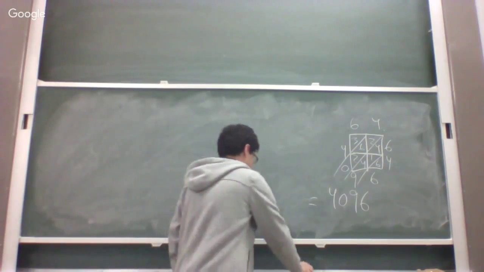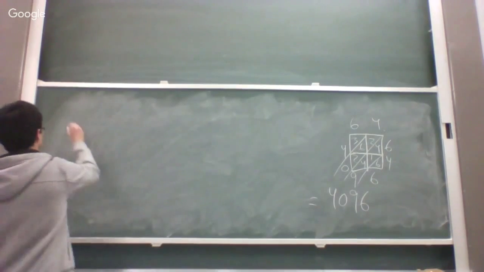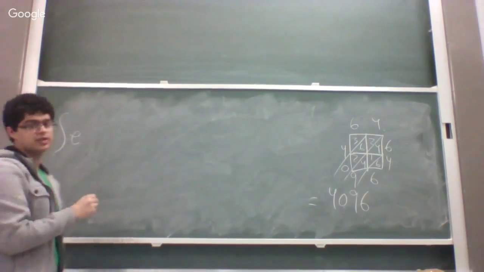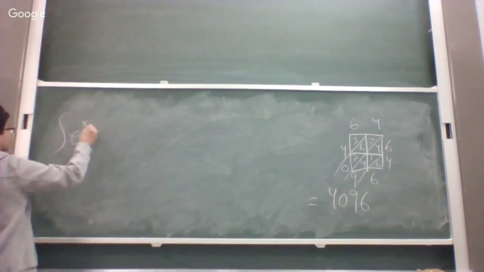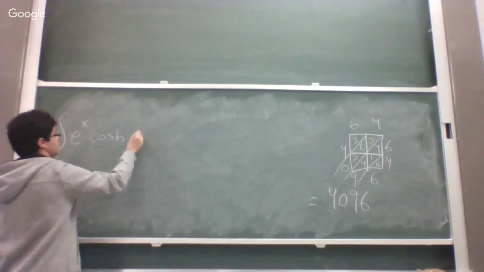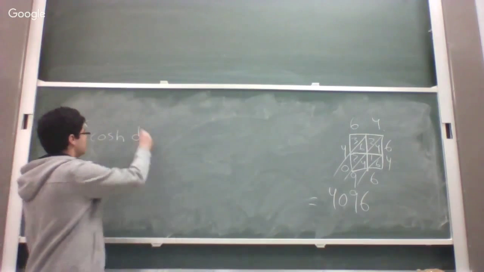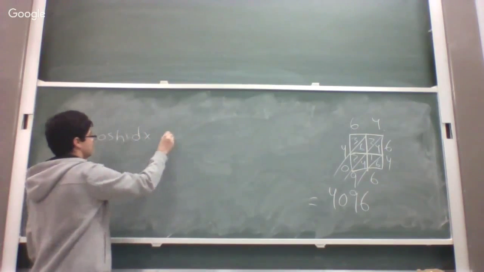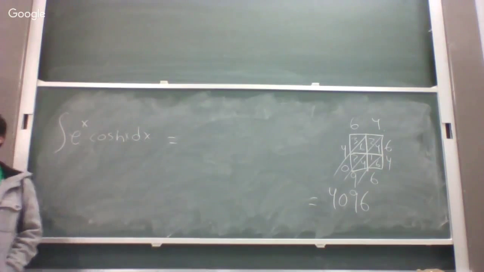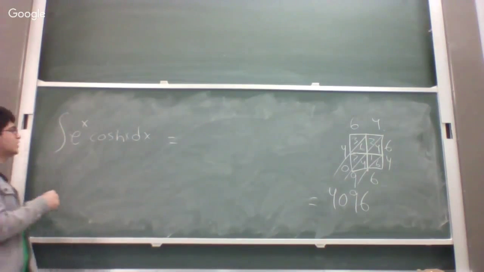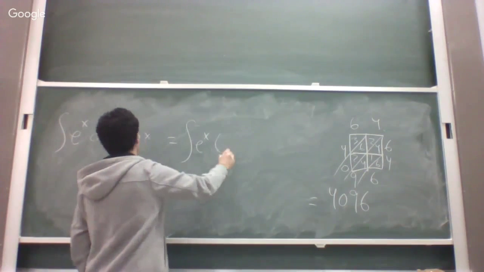Okay. Let's do an integral of e to the x times cosh of x dx. What would be the first thing we would do in this case? We would add the definition, change cosh. So we would have e to the x times what?